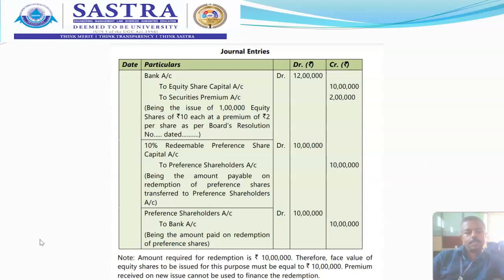Then the third and last journal entry is preference shareholders account debited rupees 10 lakhs to bank account rupees 10 lakhs, being the amount paid on the redemption of preference shares.